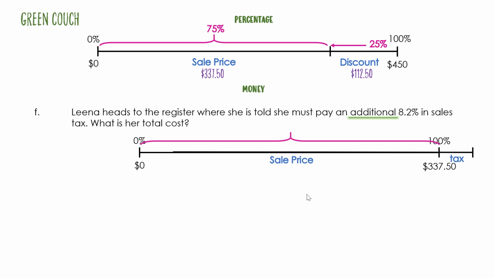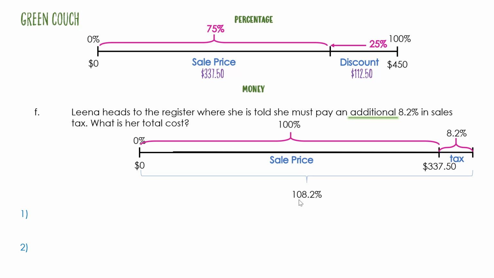So if this whole area over here is 100%, that means that this area over here is an additional 8.2%. So altogether, they are 108.2% of the sale price of the green couch.